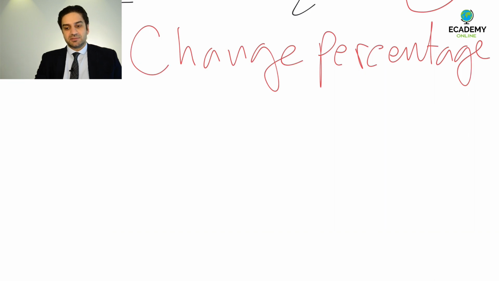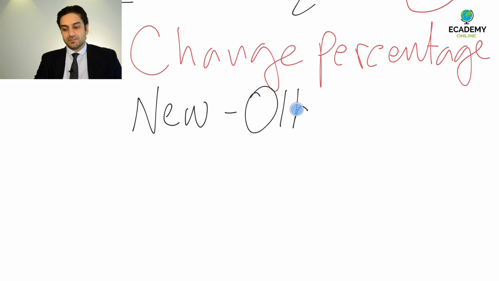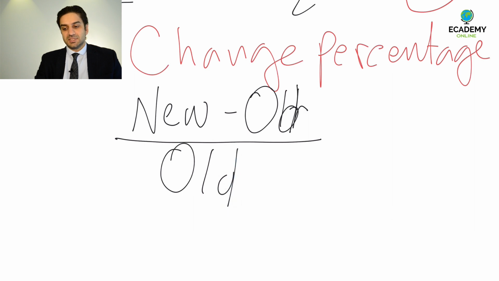The formula for change percentage is new minus old, new value minus old value, over the old value times 100.